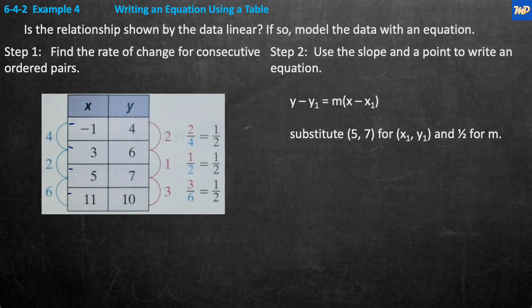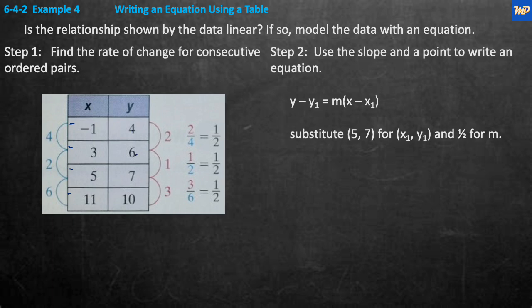Those are the consecutive ordered pairs here. So what they want to know is you look between two sets of data, the x and y data, and determine if the slope, if the change, is constant. So looking at the y value, in our case here, we go from 4 to 6.